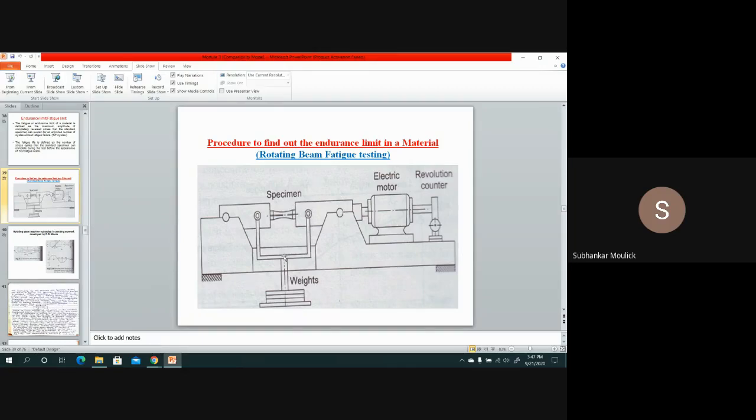whether the estimation of endurance limit will take less time or will it take more time? Finding out of endurance limit of a material by this experimental method, will it take less time or will it take more time?